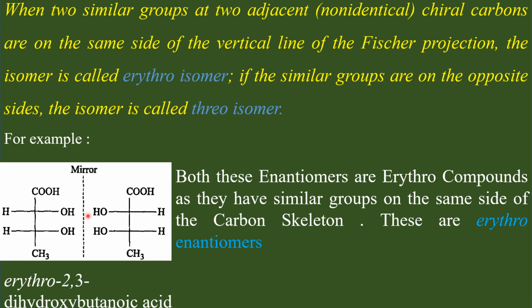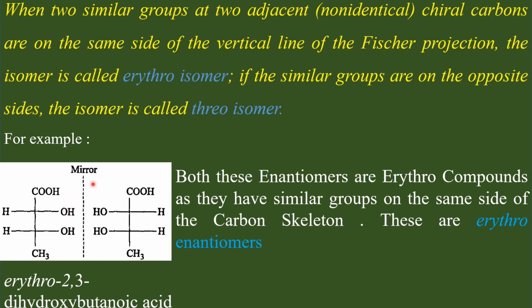Now, if the two similar groups are on the same side of the vertical line of the Fischer projection, this is the vertical line of the Fischer projection, and similar groups are on the same side of this vertical line, then this is called the erythro isomer. Now just look at these two structures.